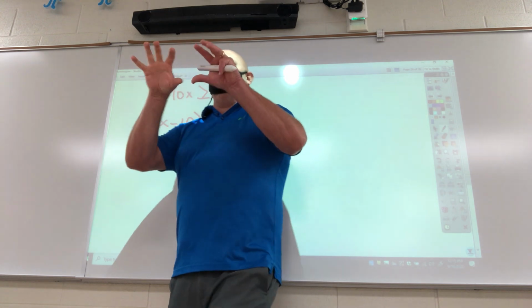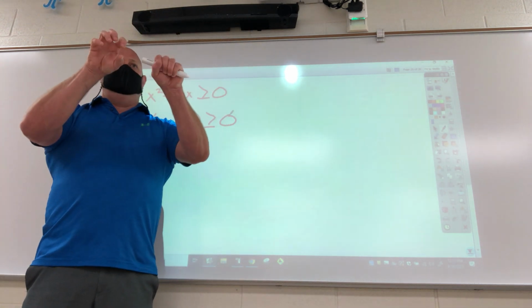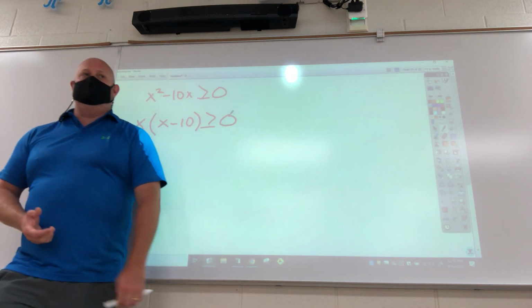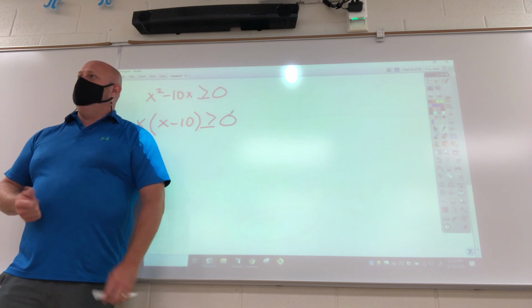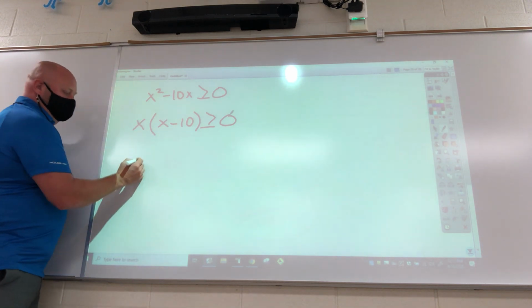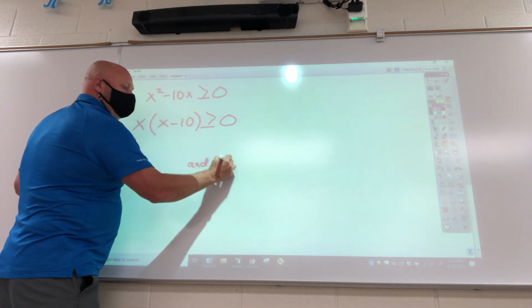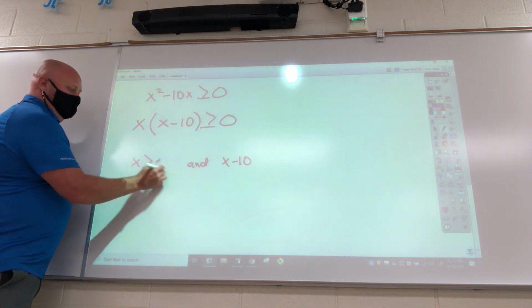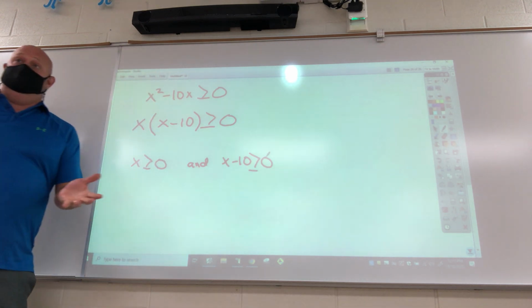How can you have two numbers multiplied by each other, and the product be positive, greater than or equal to 0? How could that possibly be happening? Either this part and this part have to be what? That has to be bigger than 0, and that has to be bigger than 0, doesn't it?